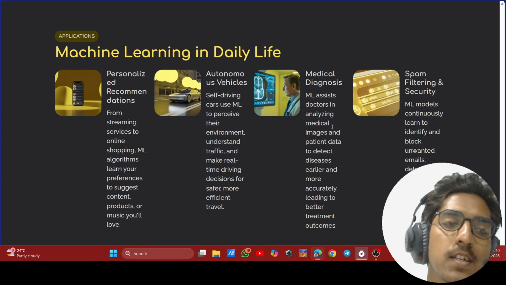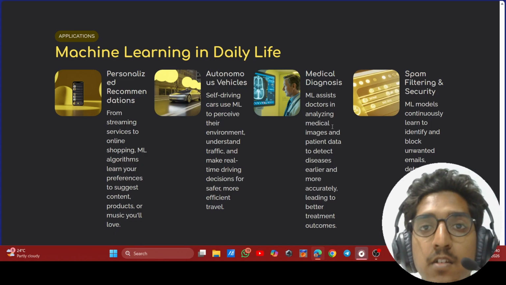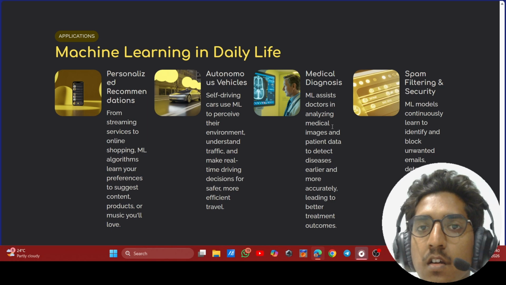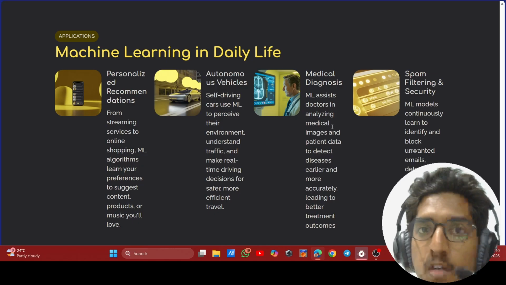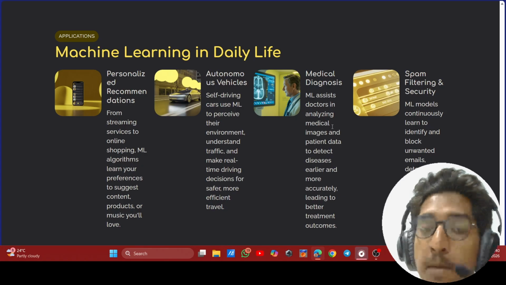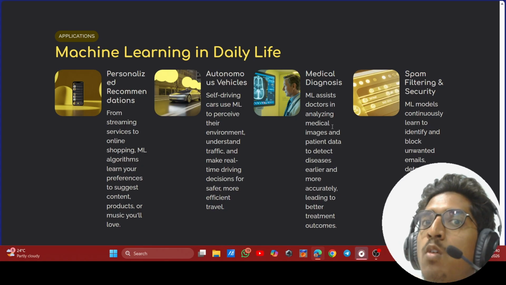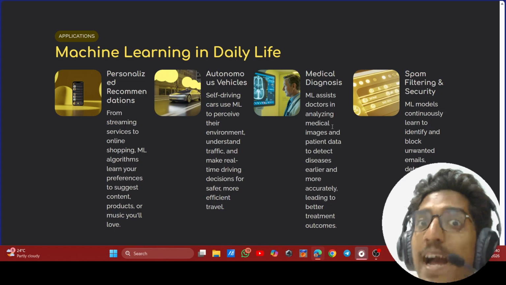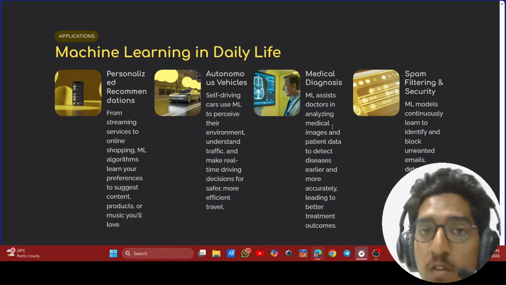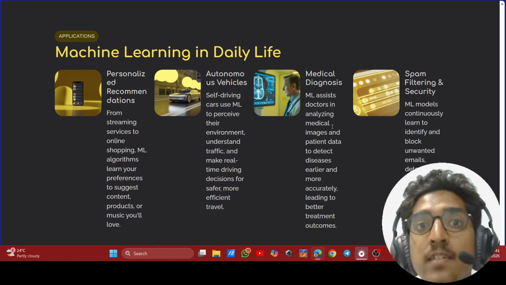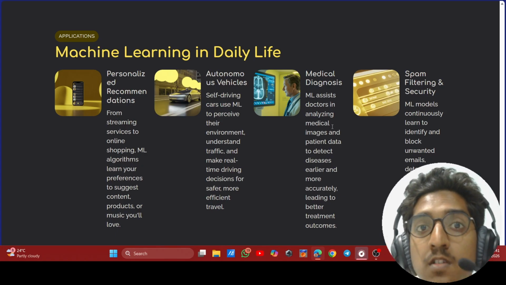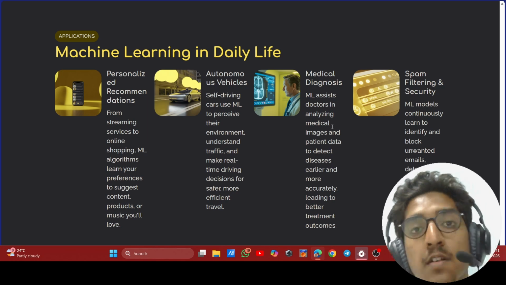Basically nowadays machine learning is used in the medical field. For example, if we give an image of a disease to the machine learning model, then the model identifies the type of disease present in the image, which means by observing the image itself, it identifies the types of disease and it also gives the treatments for those particular diseases.